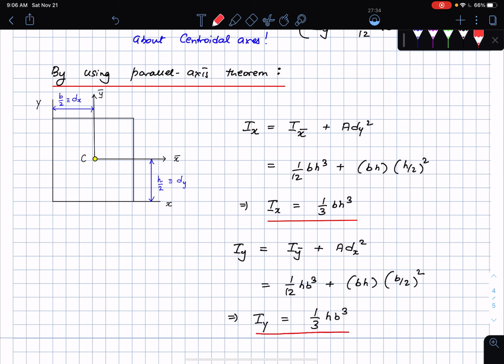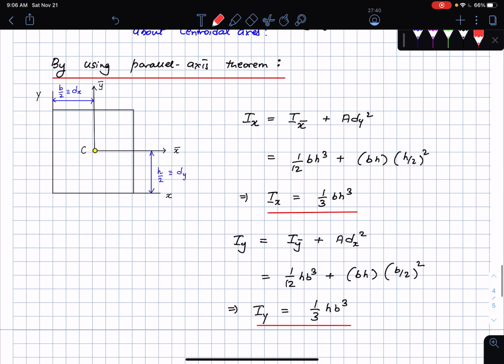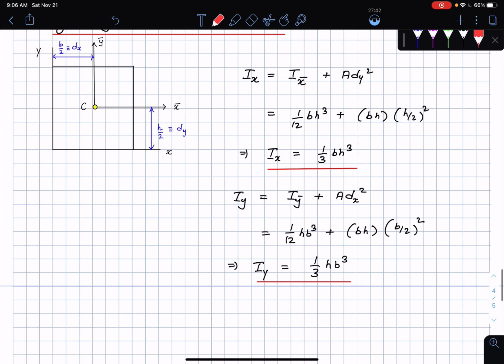So this is a simple application of the parallel axis theorem that is quite useful to us. These two are the area moment of inertia about the axes parallel to the centroidal axis, using the parallel axis theorem.